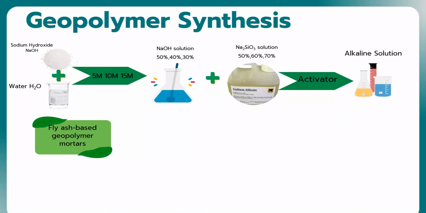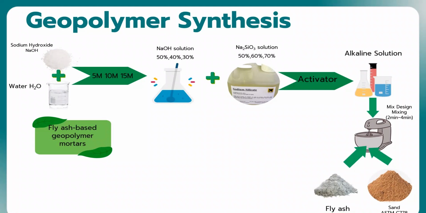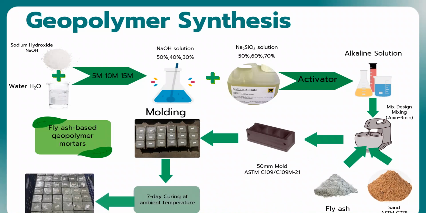When I get the alkaline solution activators, I mix them with fly ash and sand in the mixer for 2 to 4 minutes. After mixing, I molded the specimen into the 50 millimeter mold based on the ASTM standard. After molding, with 7-day curing at ambient temperature, I got the fly ash based geopolymer mortars.